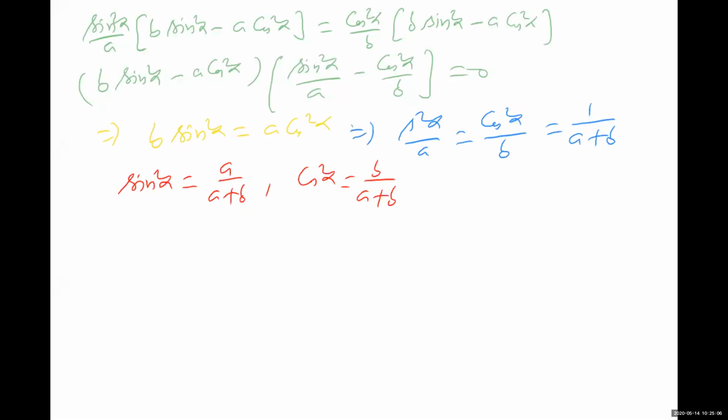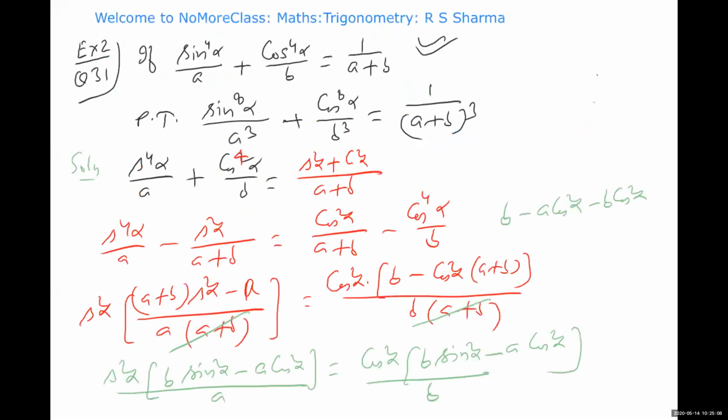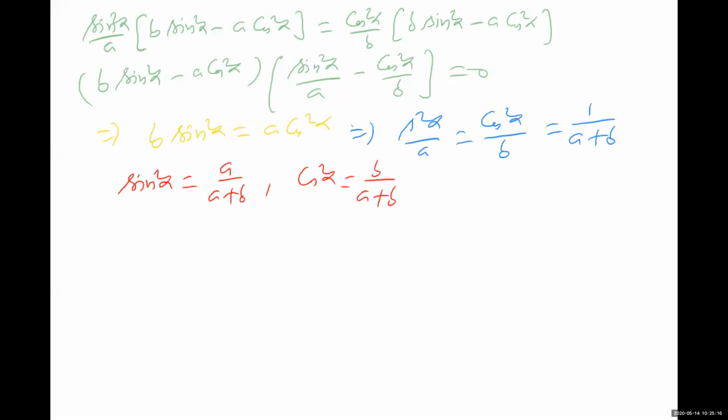Check it. We have to prove sin 8 alpha upon a cube plus cos 8 alpha upon b cube.